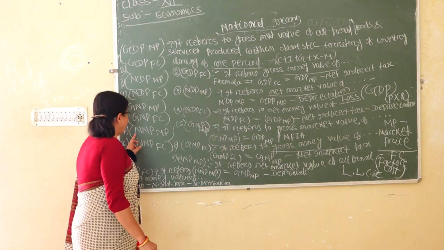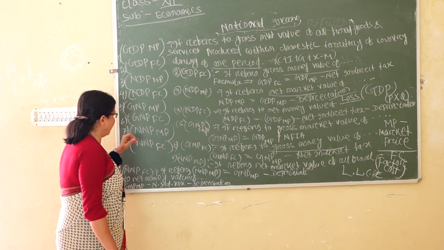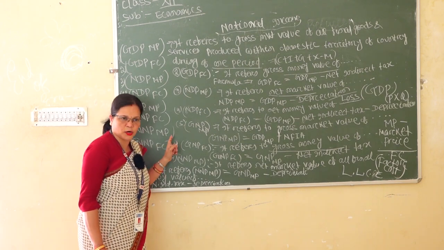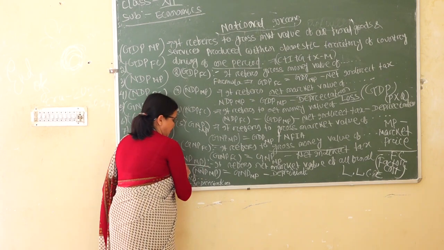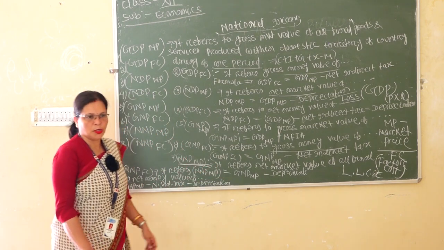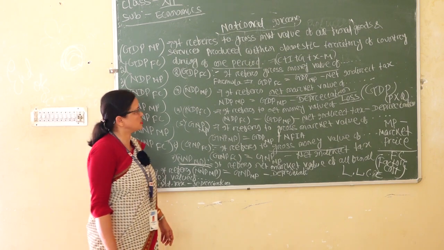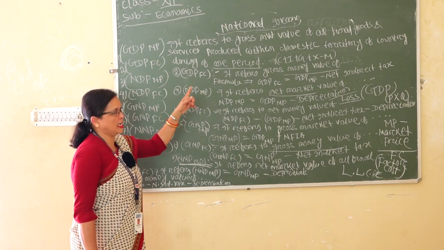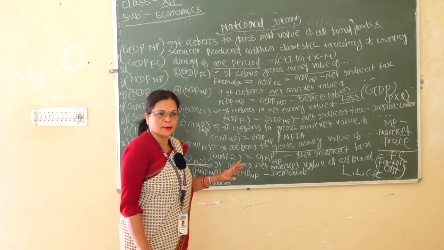Then the last ones are NNP MP and NNP FC. NNP means net national product at market price. So what is the NNP at market price? It refers to the net market value of all the final goods and services produced within the domestic territory of a country during a period.